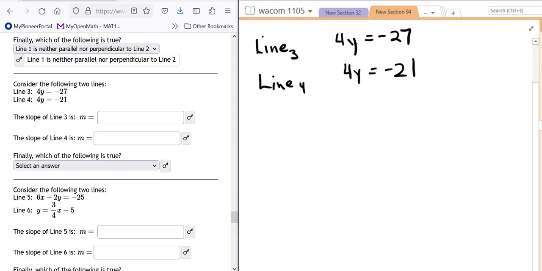So no x. You can divide by 4. That would get your y by itself, but you don't have the right form. Y equals mx plus b. So you have to just go with the special case. It is going to be a horizontal line because it doesn't have an x. So horizontal line has slope equals 0.